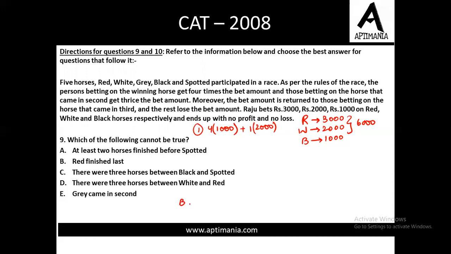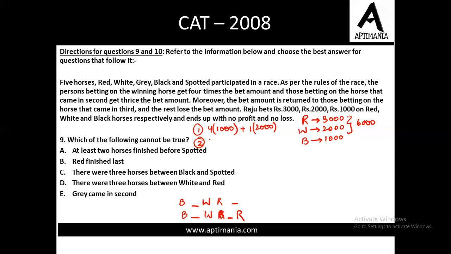Black horse is on the first position, then it can be anyone, then white horse is on the third position, and either the red can be on the fourth position or on the fifth position. So this will be blank and this will be red. These are the two possible cases according to the first situation. Right? Let me draw further cases.